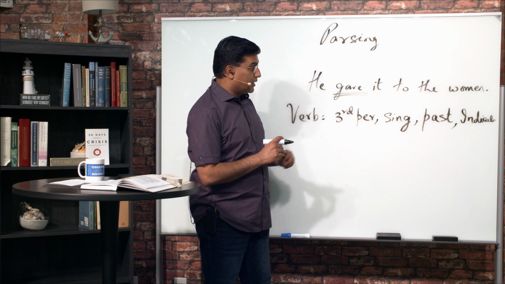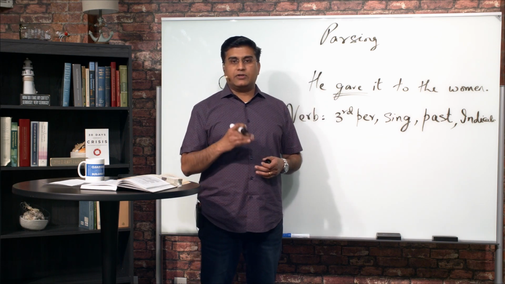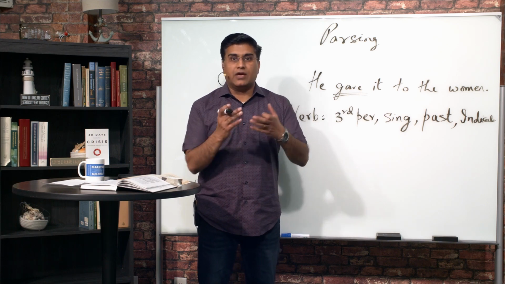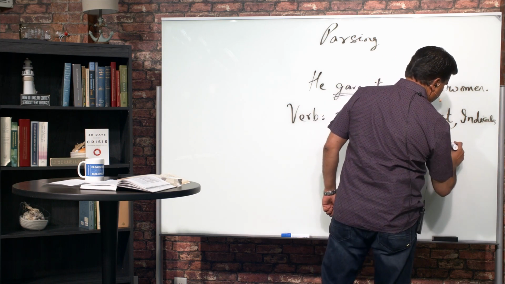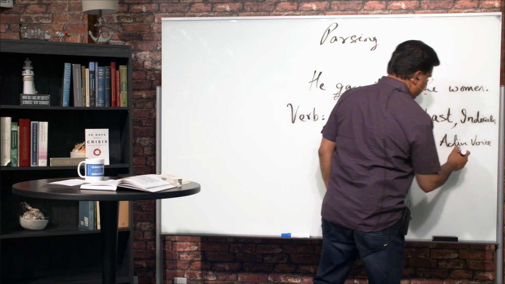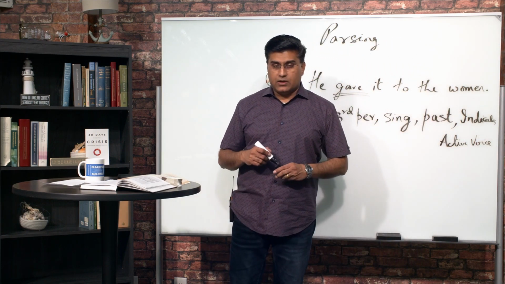And then, indicative would be the mood. What is the voice? He gave it to the women. It's not passive. It wasn't given to him. He gave it. So as voice, it would be active voice or just active. So third person, singular, past, indicative, active.